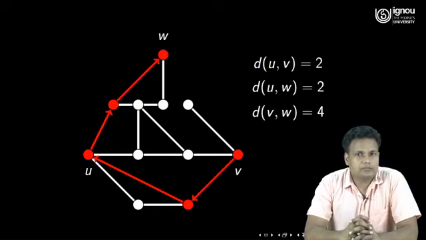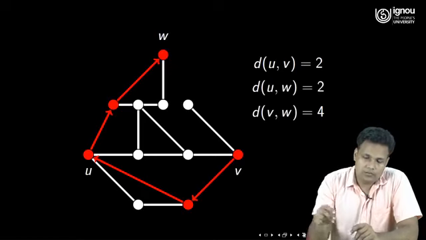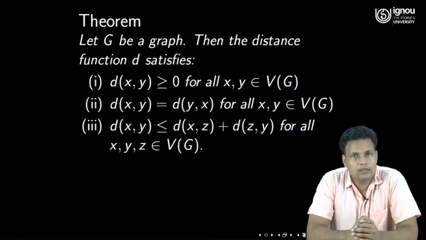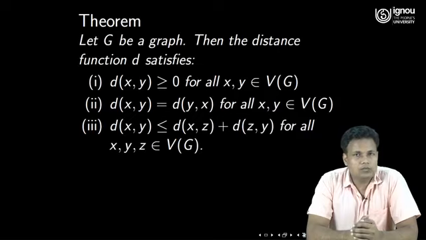Now we shall look at a very basic property of distance. You must have studied in your analysis course that a distance function is essentially a metric on a metric space which satisfies 3 properties, and in case of graphs also this distance function satisfies these 3 properties.